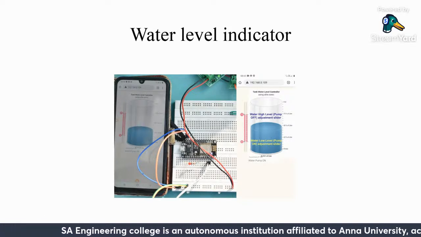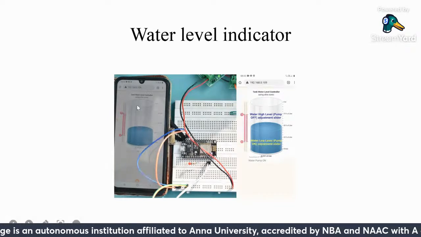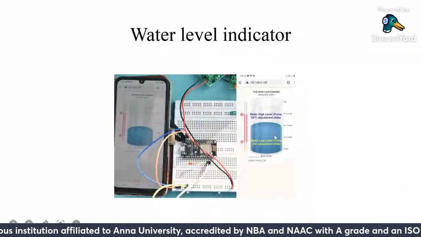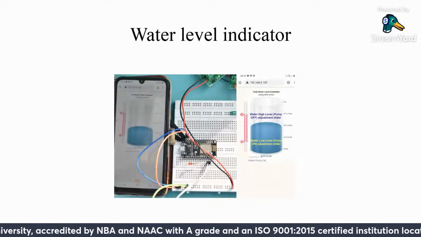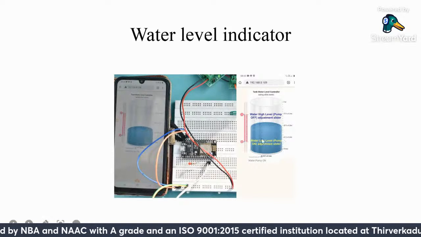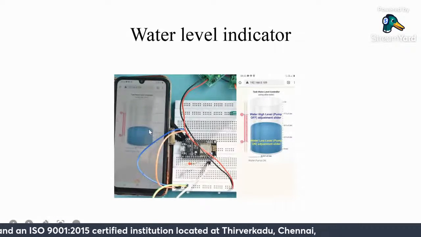That is, we are placing the sensor at the top of the tank such that it will detect the water level, and we can get real-time feedback on this dashboard. By using this, we can measure whether the tank is in full stage, or in 3/4 stage.